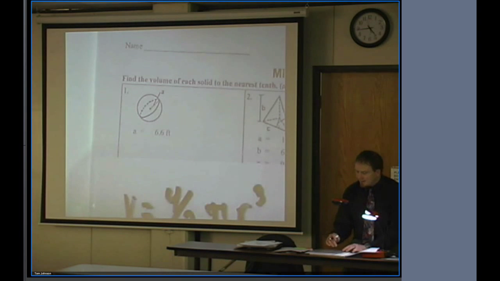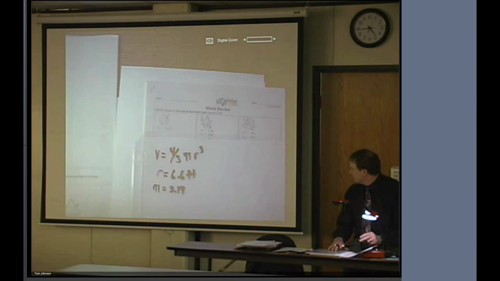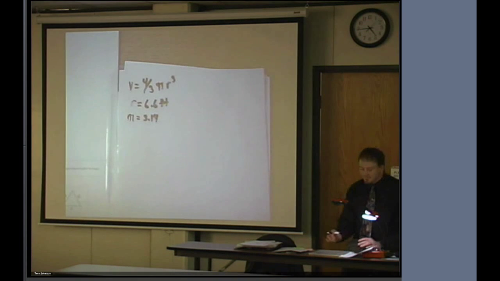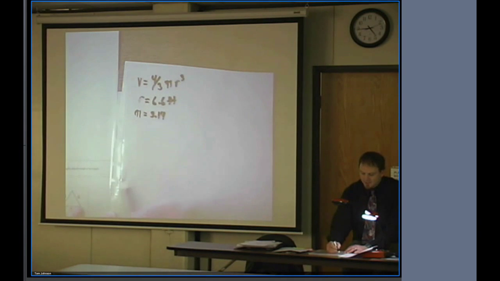So I'm going to plug that in. Now I'm going to zoom back out, because nobody should be subjected to my handwriting zoomed in. Okay, I'm going to plug these into that equation.